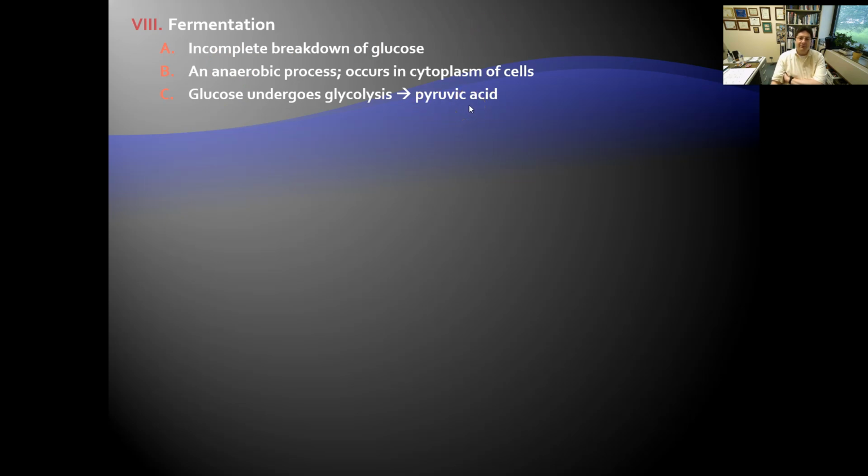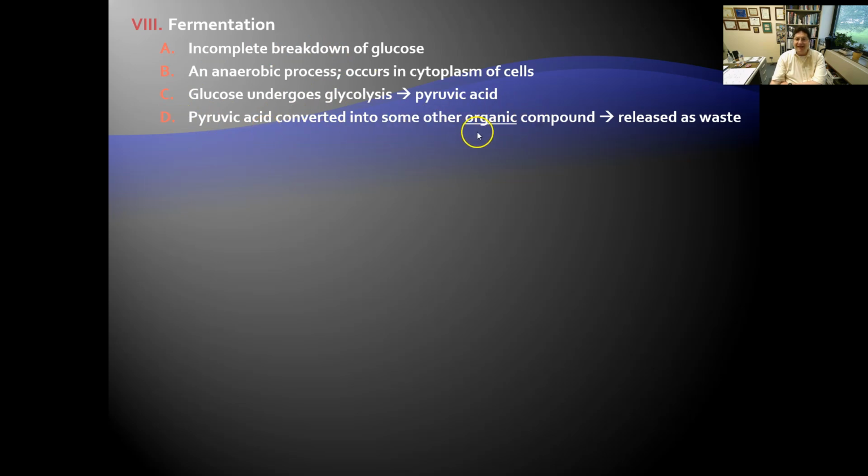Now, instead of the pyruvic acid getting picked up by coenzyme A and going into the Krebs cycle, we directly convert that pyruvic acid into some other organic compound, which is then released as a carbon-containing waste.